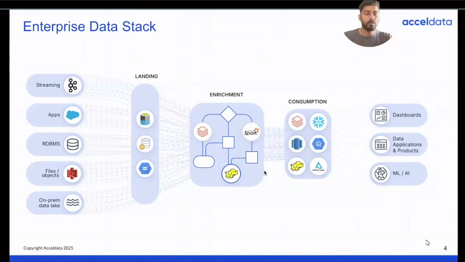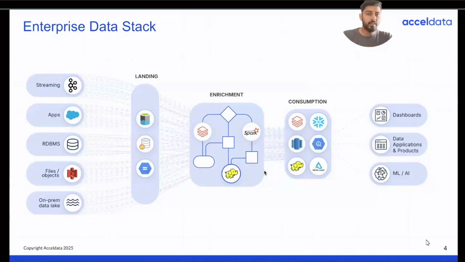Or there could be another scenario where you connect Postgres somewhere in consumption. For example, there is a BI report, and you want to consume the data from Postgres. So in that case, your Postgres is in consumption.